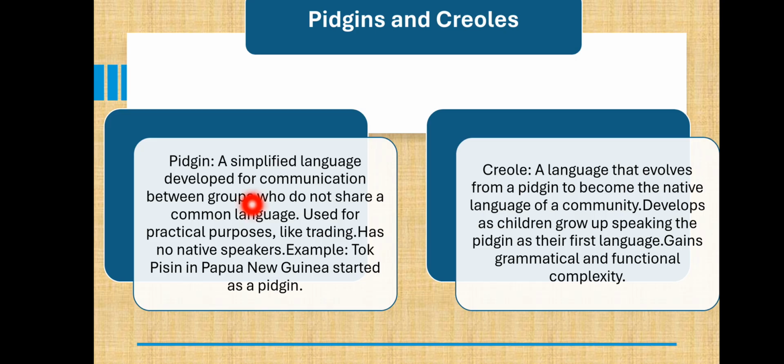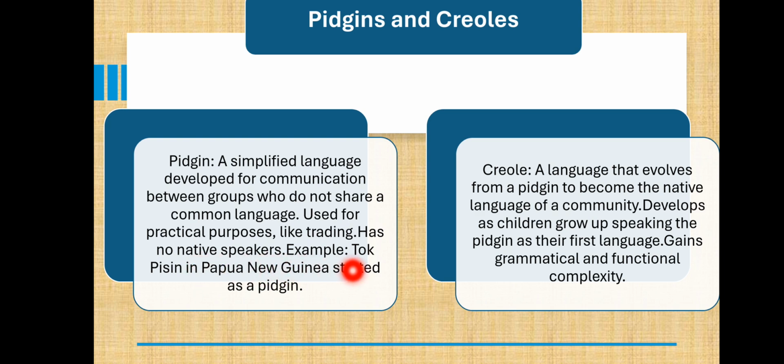Fine. So a simplified language developed for communication between groups who do not share a common language, because they don't have a common language and they do not understand each other. Therefore, they develop a simplified language. Fine. And then they communicate with each other. Now, it is used for particular purposes like trading and has no native speakers.